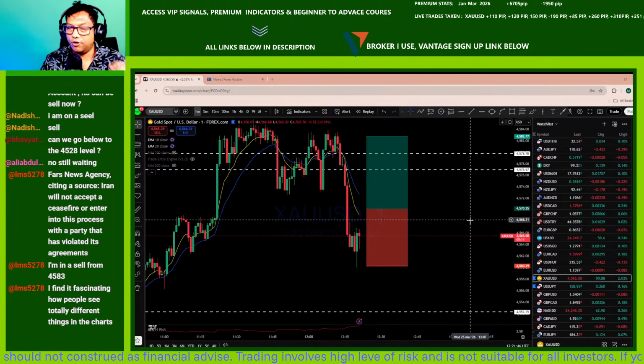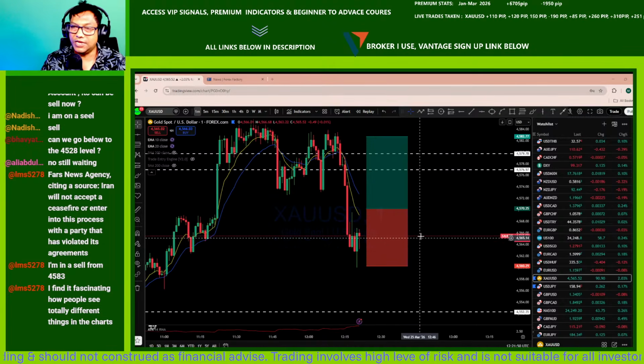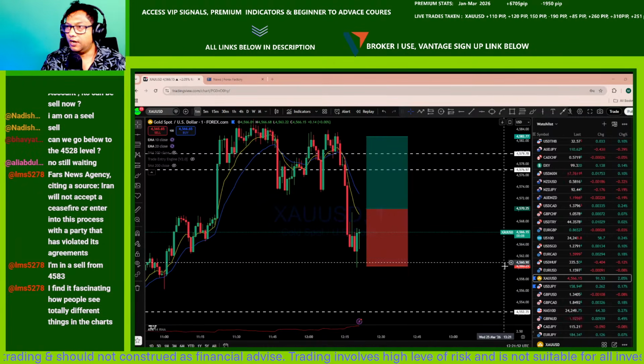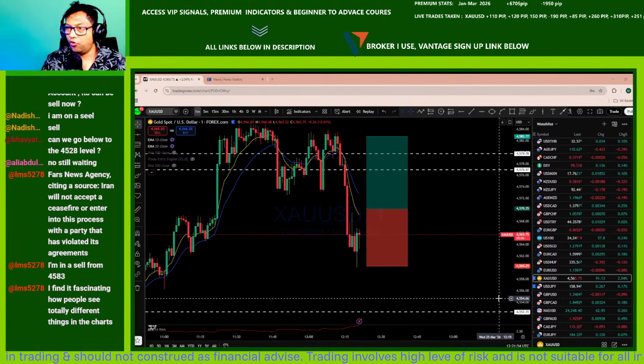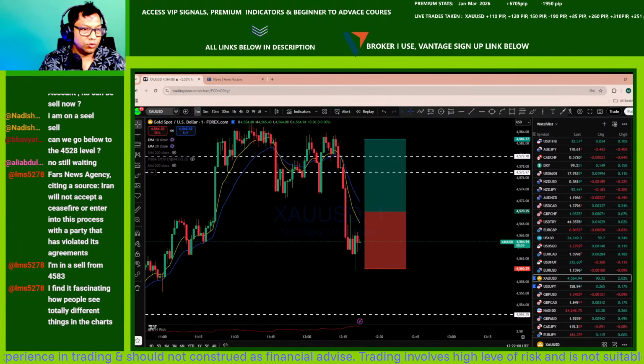So place the new pending order here at 4570. I drop my pending order to this level, which is the buy stop order at 4570, stop loss below this low at 4560.29, and TP target above this high at 4582.